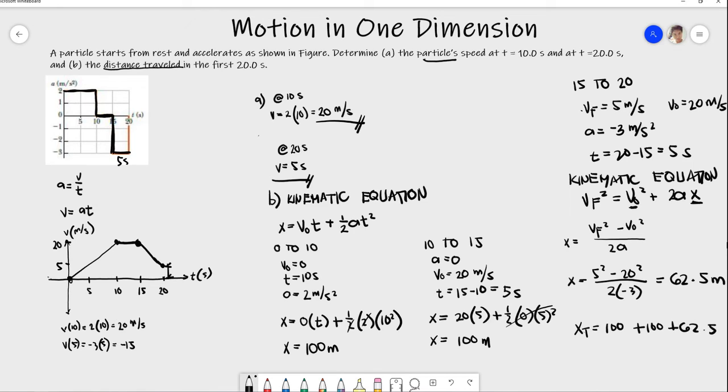The total distance traveled is 262.5. But based from here, we have 3 significant figures. Therefore, our x total here is 263 meters. That is our final answer.